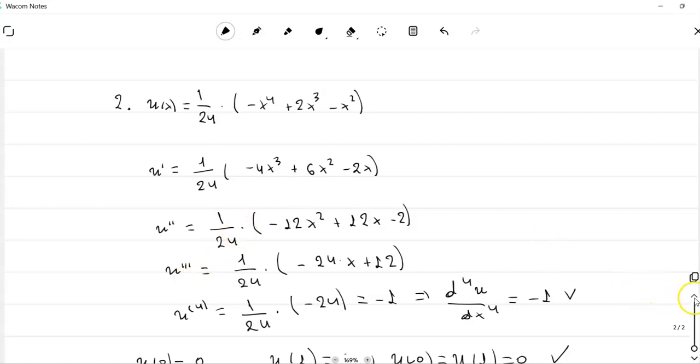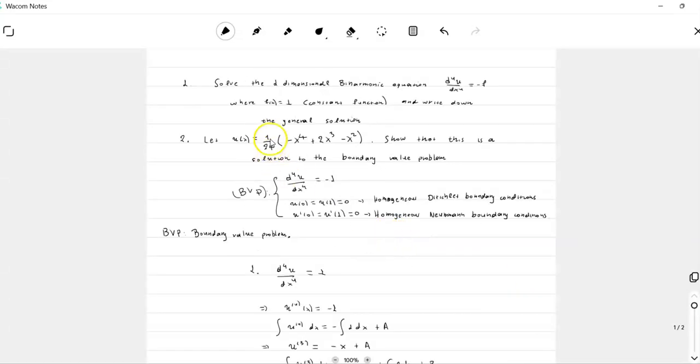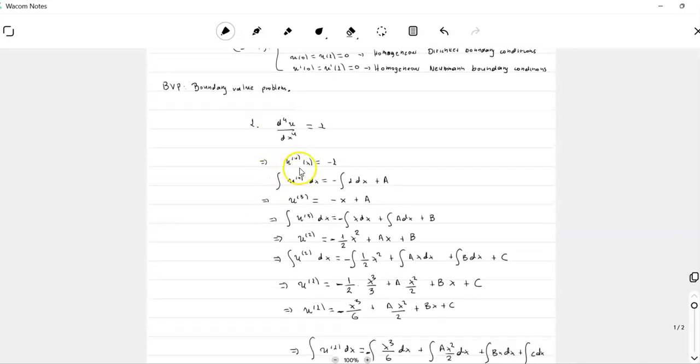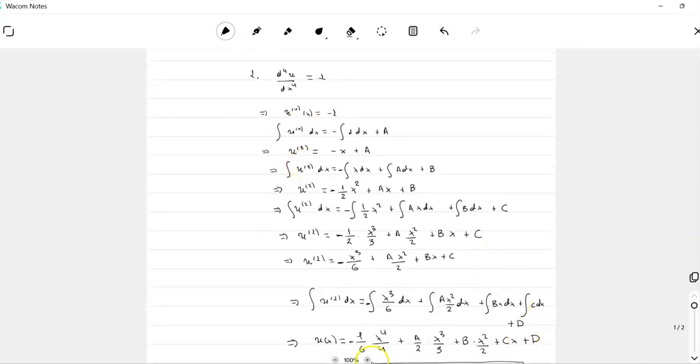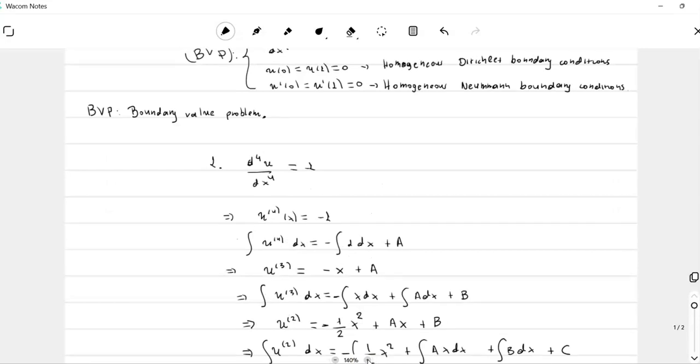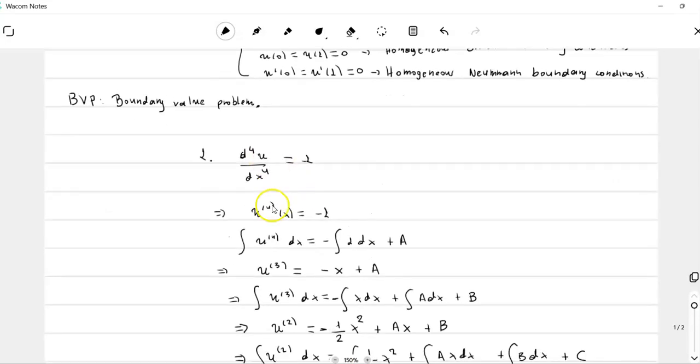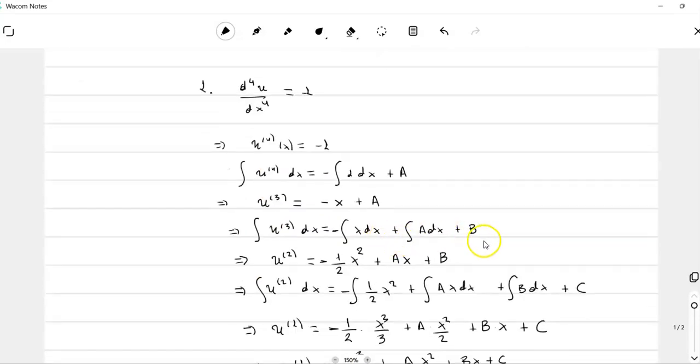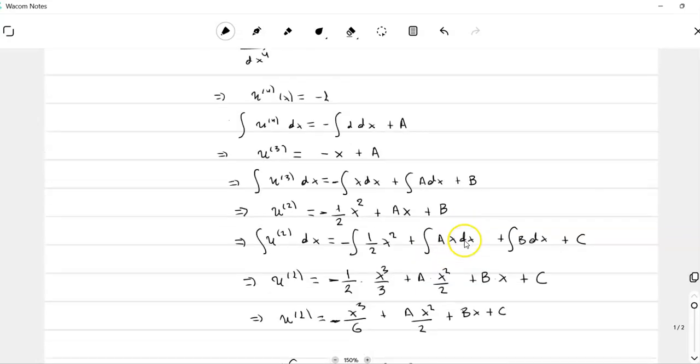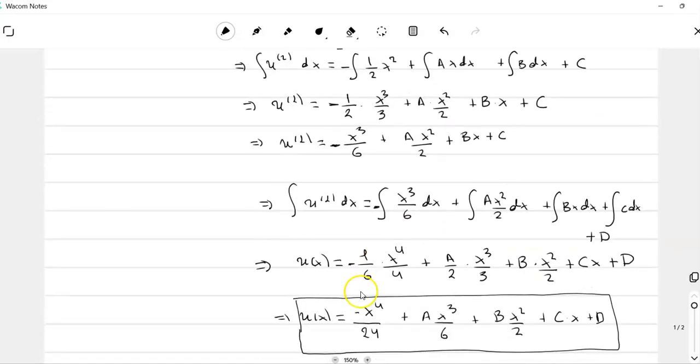We can have a quick look. In the first question, we have solved the one-dimensional biharmonic equation by simply integrating and incorporating these arbitrary constants. So my general solution is of this form, enclosed in this rectangular box.